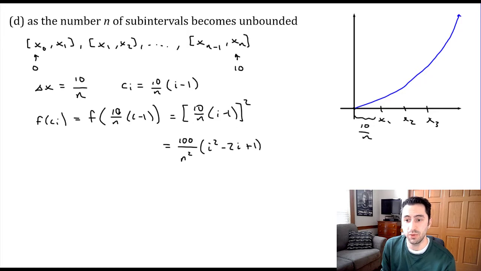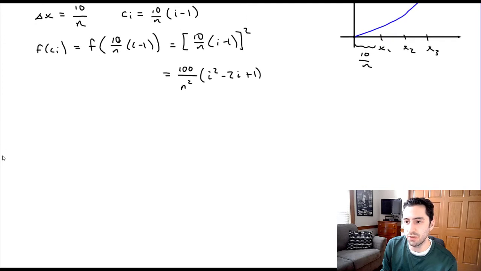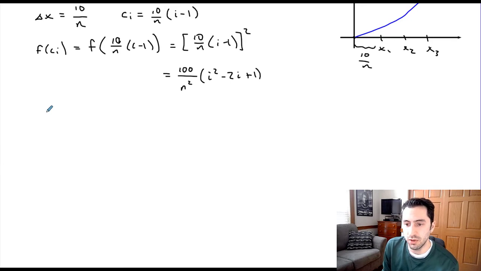Okay, so we know the width of each rectangle. We know each rectangle is 10 over n units wide, and we have a way to calculate the height of each rectangle. So now we can take all of that and we can plug that into our sum to find our area. So do S sub n, since we're using n rectangles, and then we're going to have sigma. We're starting at I is equal to 1, and we're going all the way up to n.